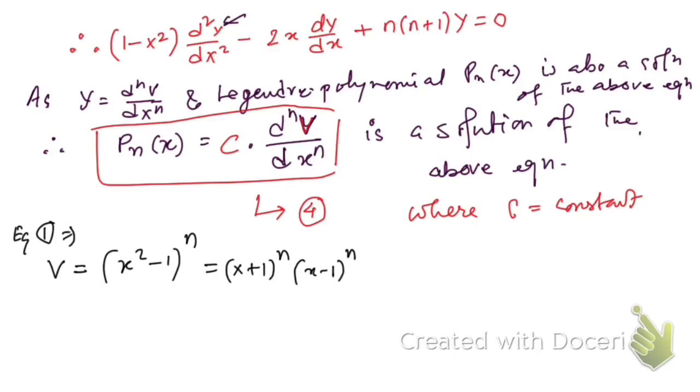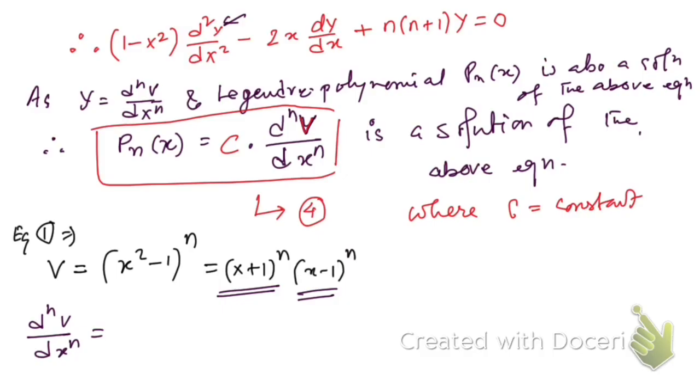Now you see, if we differentiate v n times with respect to x, again we're going to apply the Leibniz theorem. How to apply that? nC0 is equal to 1, so we don't need to write that. Let me consider this one as v and this one as u.